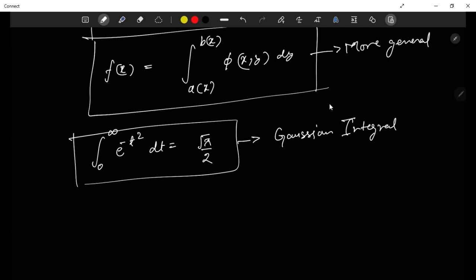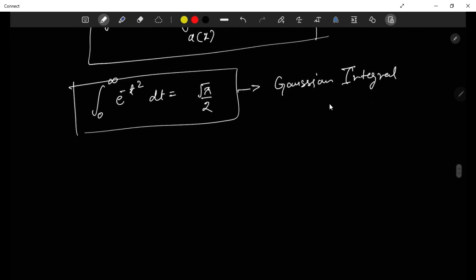Okay, now since here the limits are constant, we are going to define a function, and we define the error function like this: 0 to x, e to the power minus t square dt.